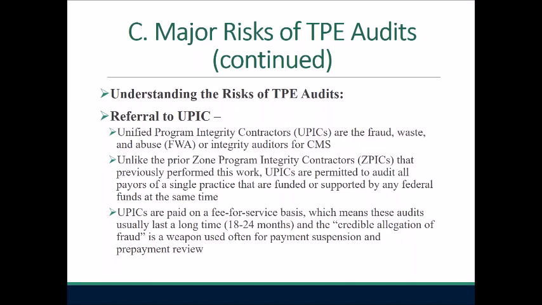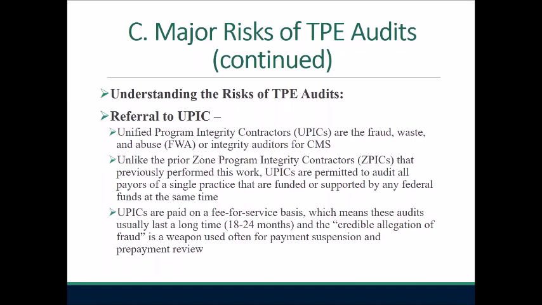Understanding the risks continued here. Referral to a UPIC. UPICs are fraud, waste, and abuse, FWA, integrity auditors. One absolutely critical distinction, and I give full presentations on this, is that UPICs are much broader than the prior generation, the ZPICs, because they're permitted to audit across all payers with federal funding or federal management support at once, which you can imagine would be catastrophic.